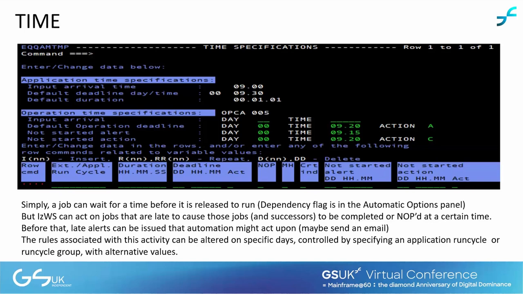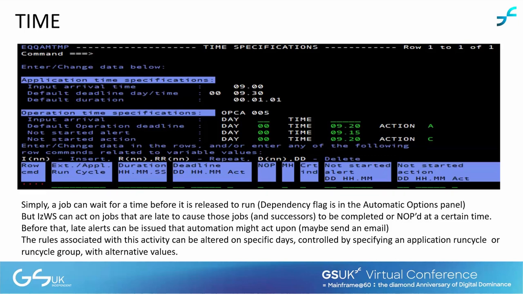But there are other things that you can do with the time panel now. So relatively new is the fact that you can say that if the job hasn't started by a particular time, it can send out an alert.